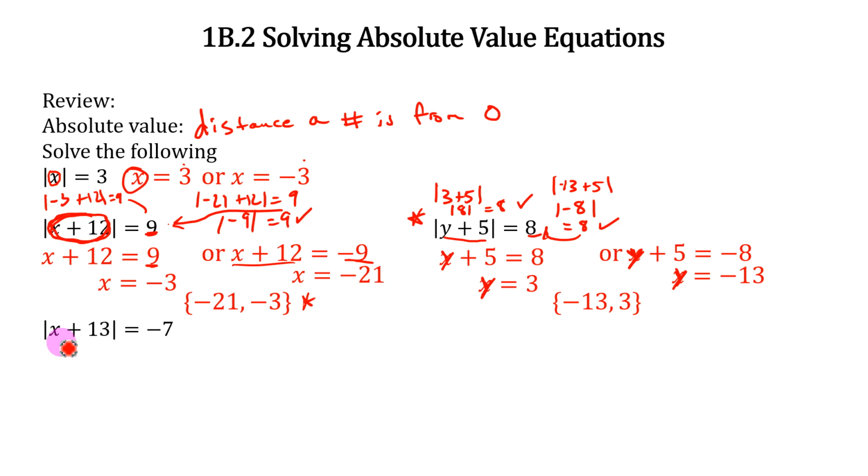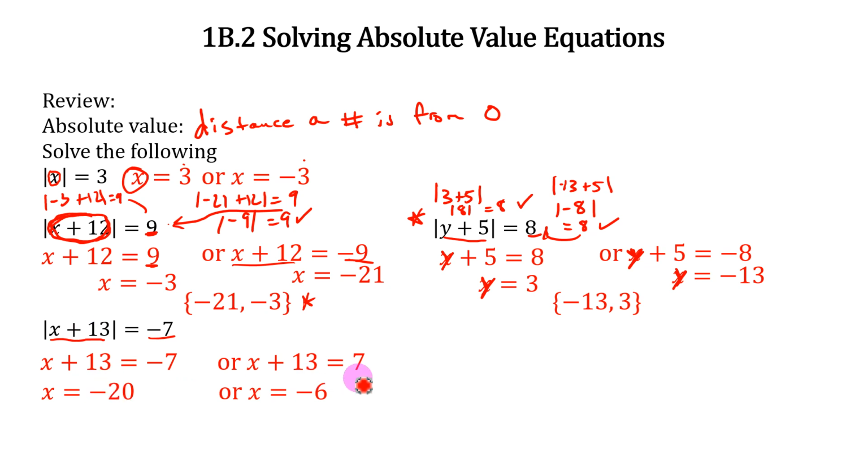So now this one over here, we set the inside of it equal to the positive and negative version of this, and we solve from there. We get negative 20 and negative 6. I subtracted 13 from both sides. Well, let's try this. Negative 20 plus 13 is negative 7, and the absolute value of negative 7 is 7, which is not negative 7.